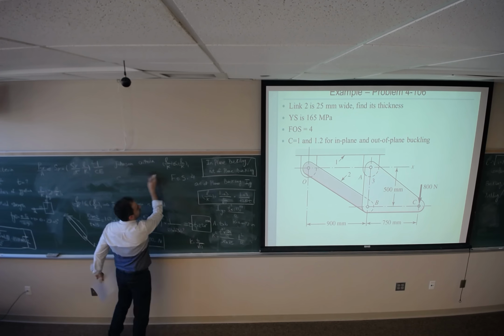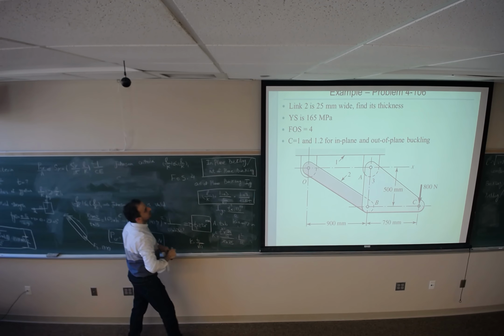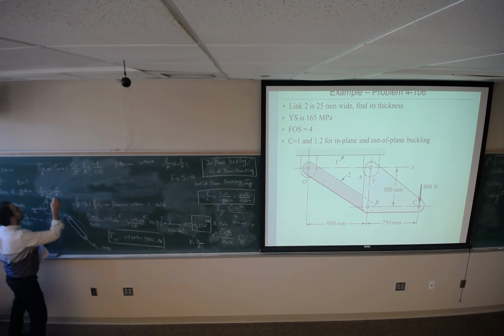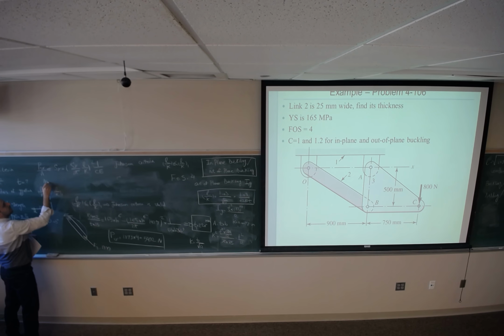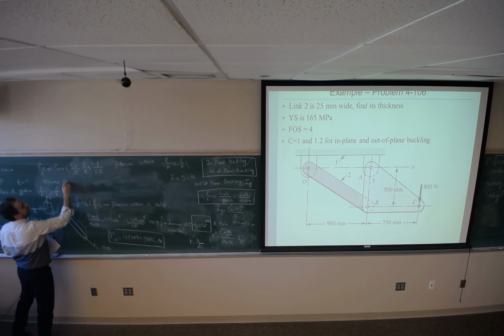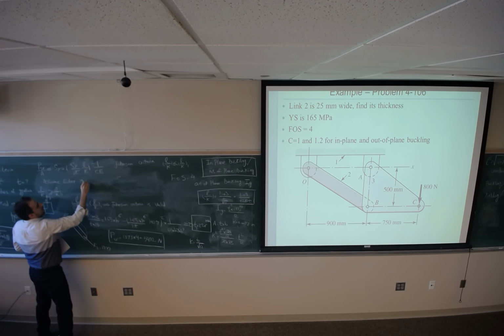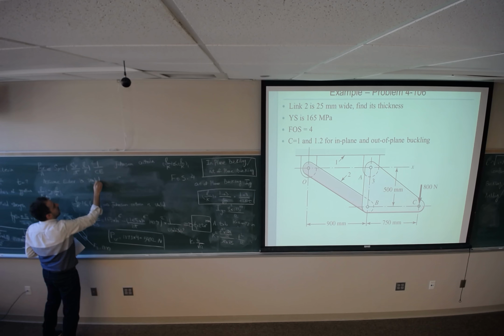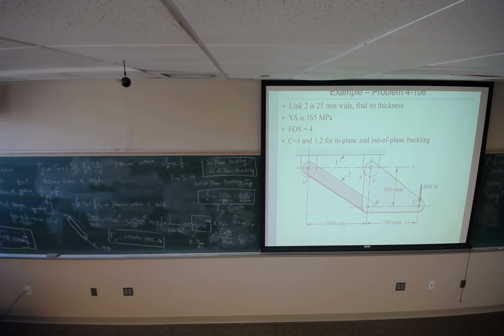So again, I cannot tell which criteria is valid, so I'm going to assume either Euler or Johnson. Assume Euler. If I assume this, I'm going to use this one.